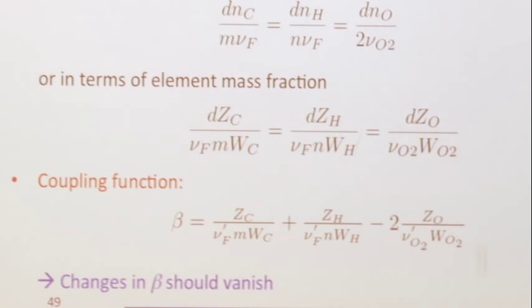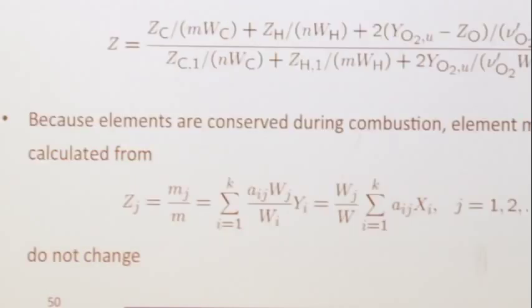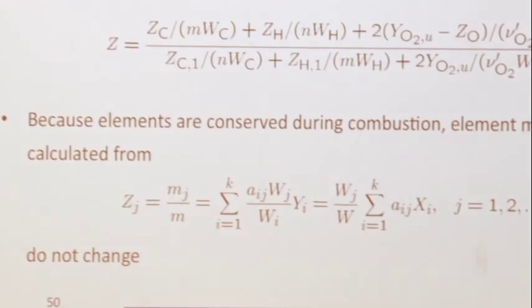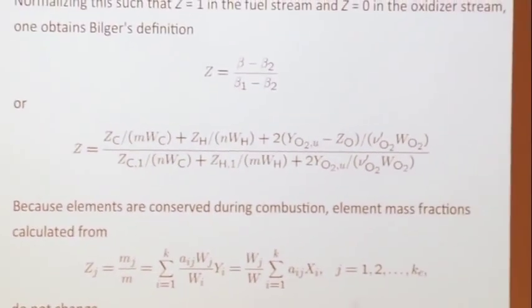I can compute this value, but combustion should not change it, because beta is defined such that the change is 0. These shouldn't change anyway, but it's defined to change in stoichiometric proportions. So now I have this coupling function beta.